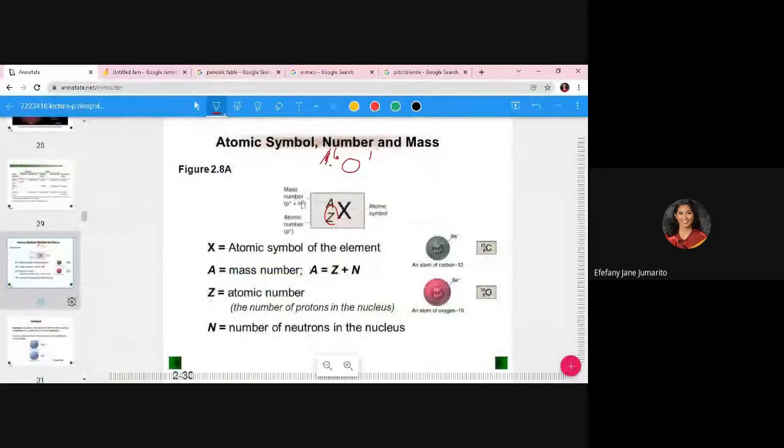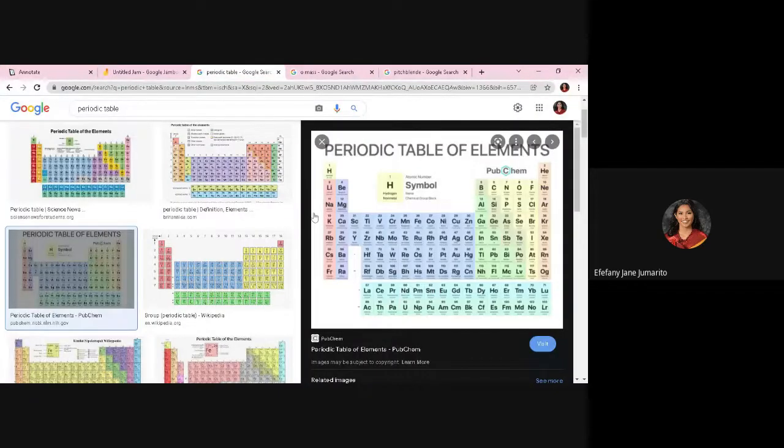So now let's go to the mass number. The mass number is the sum of your number of protons and the number of neutrons. Let's go back.